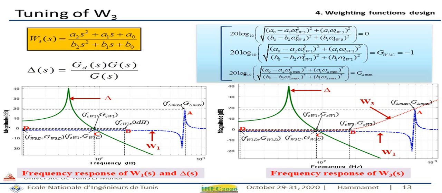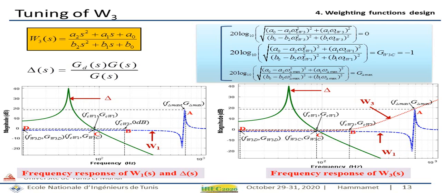Second, in order to ensure that S and T are complementary, the crossover frequency of W3 must be sufficiently above the crossover frequency of W1. And third, in order to satisfy conditions required by the MATLAB mixsyn function, the gain of W3 should be smaller than 0 dB for frequencies below the crossover frequency of W1.